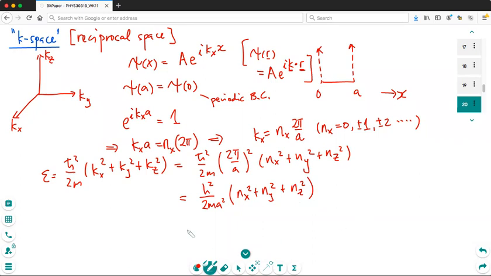Okay, so just to remind you, this is periodic BC, and nx, ny, nz can independently take these integers.